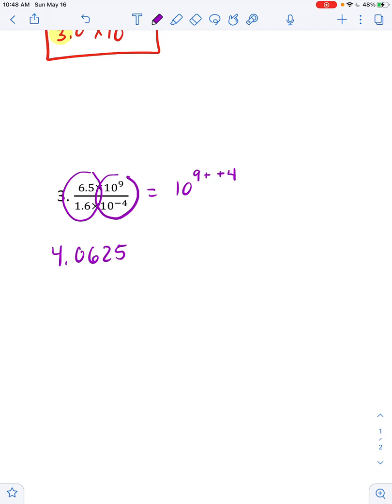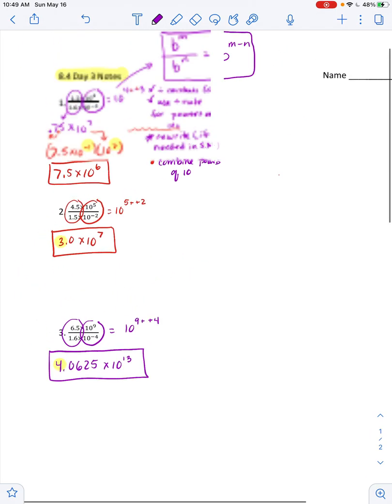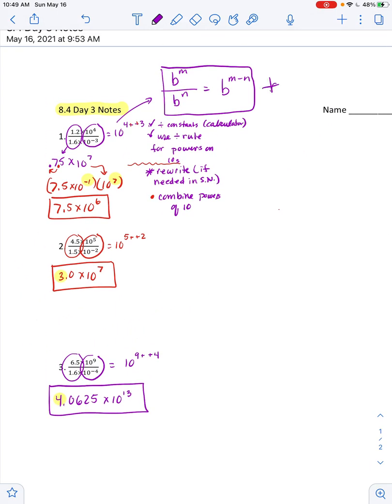Same as adding a positive. So I actually end up with times 10 to the 13th power. And good news, my friends, this is just one digit in front of the decimal place, so I don't have to readjust or do anything further. That is that. So again, it's kind of a combination of this rule from last week and this process that we learned yesterday.